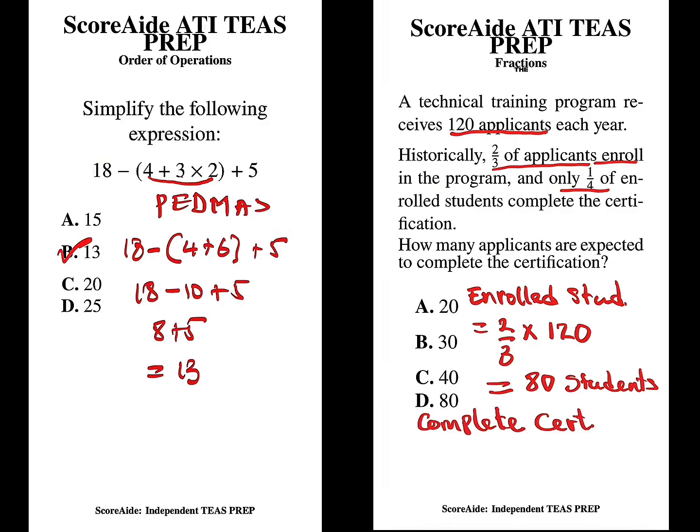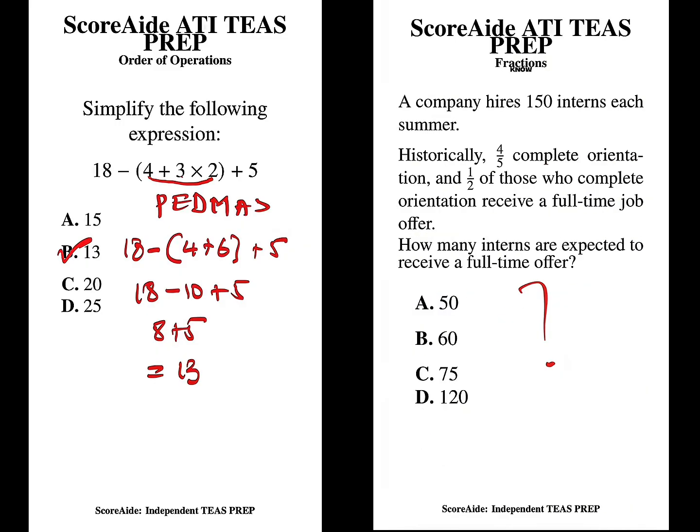The number of students that will complete the certification is going to be equal to a quarter of 80, which is just going to be equal to 20 students. So the answer is going to be A, right? So 20 students are going to complete that certification program. Probably a very difficult program, if you ask me. Do this and let me know the answer.